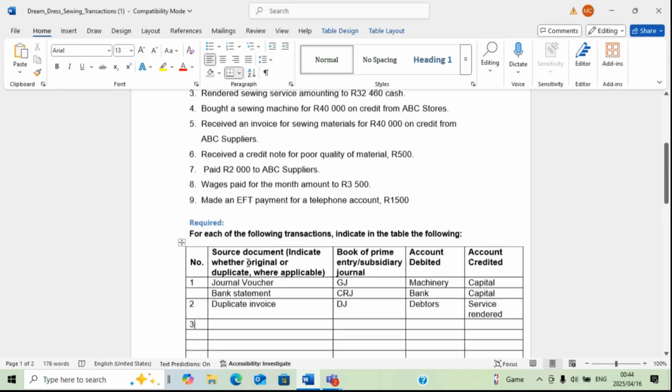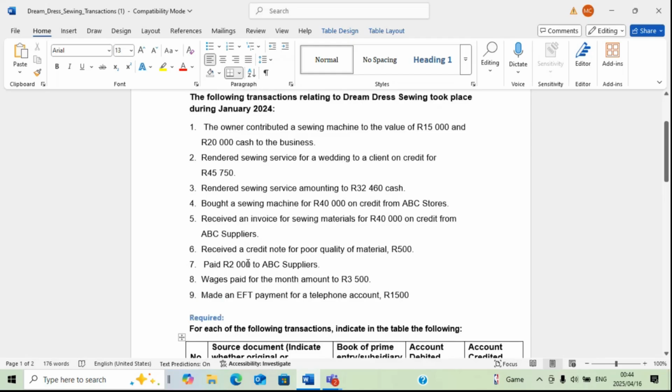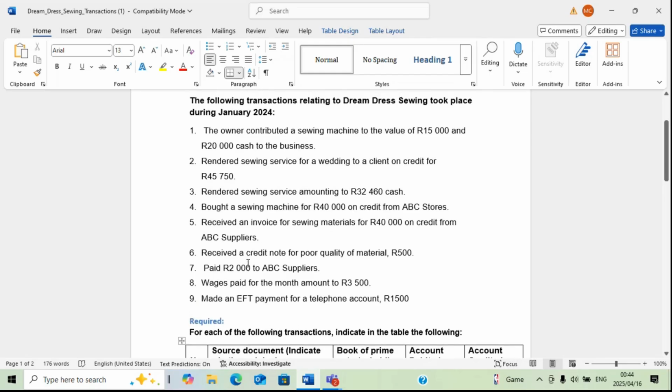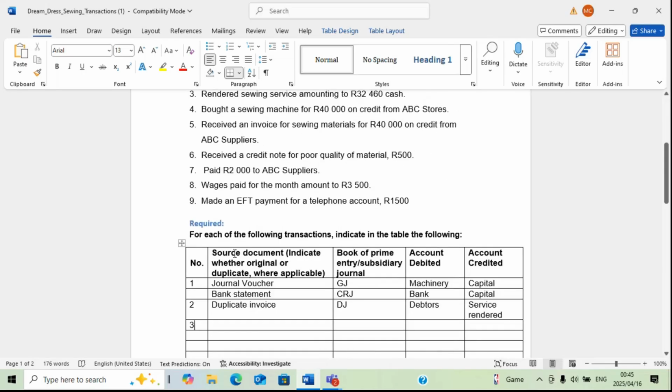Let's go and read up there. What does transaction number three say? Transaction number three, they say you have rendered a sewing service amounting to 32,460 cash, right? So now we have to record this transaction.